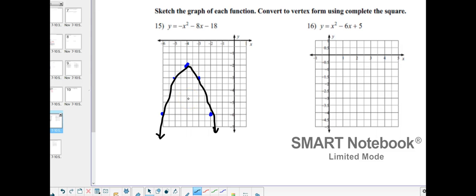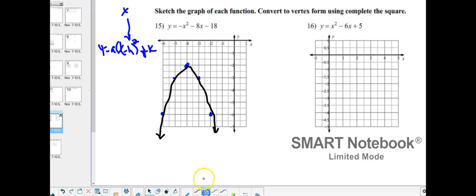So now that we look at that, our vertex is -4, -2. And since the vertex form is y equals a parenthesis x minus h squared plus k, where the vertex is, this is my x value.